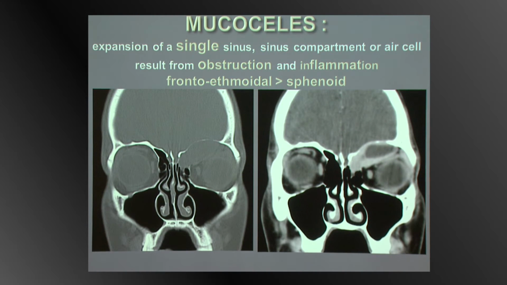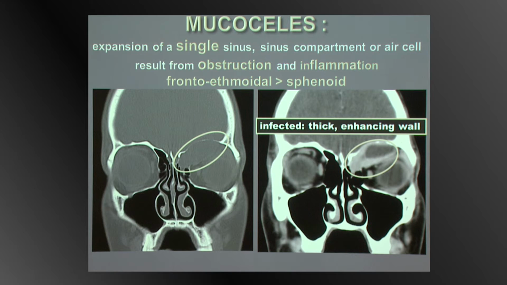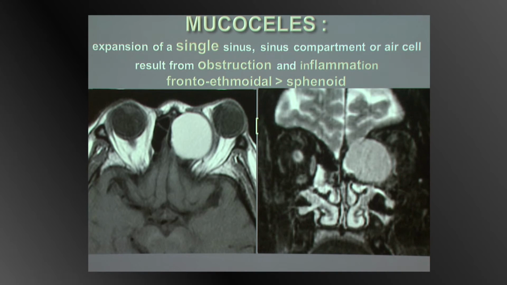Mucoceles. Now we said they're expansion of a single sinus resulting from sinus obstruction and inflammation. Commonest region being the frontoethmoid followed by the sphenoid. And here we see on post-contrast CT an infected frontoethmoidal mucocele with a thick enhancing wall, displacing the globe and causing proptosis.